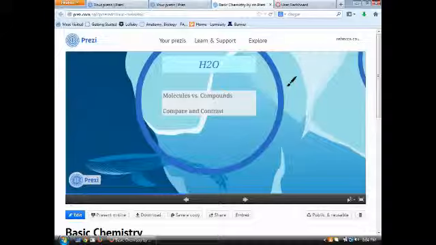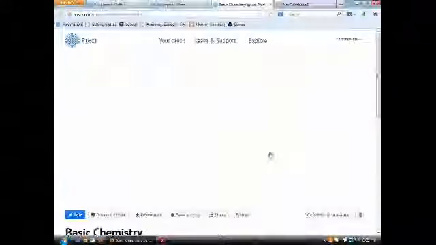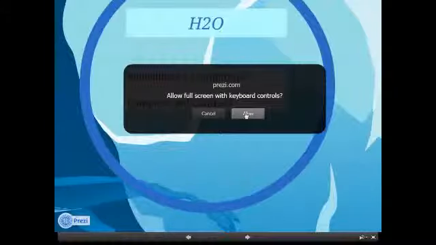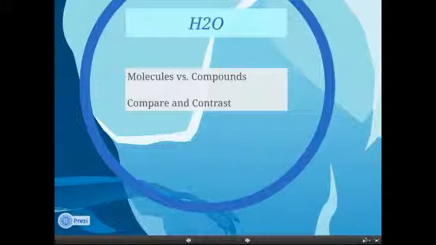And for all of these compare and contrasts, I'll make a worksheet for you to kind of go through and better analyze the similarities and the differences of some of these. So our molecules and our compounds are the biggest unit of chemistry that we're going to talk about tonight.